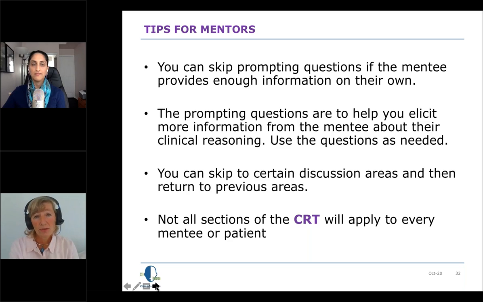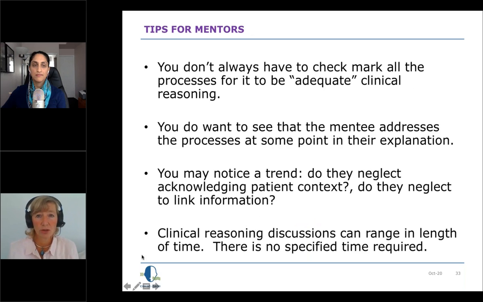The other thing is you will find not all sections of the clinical reasoning tool will apply to every mentee or patient. As Samida mentioned earlier, some of you as registrants only do screening, some only do assessment, some only do consultation. So you can design it to fit each mentee and patient situation.